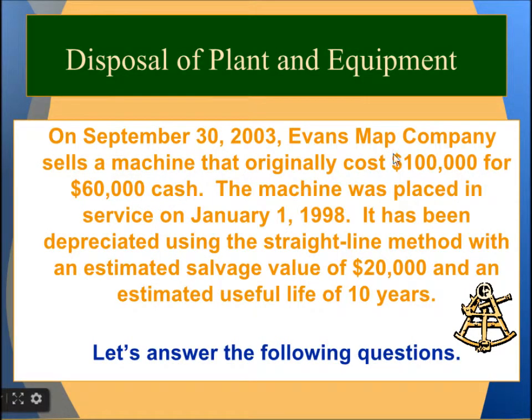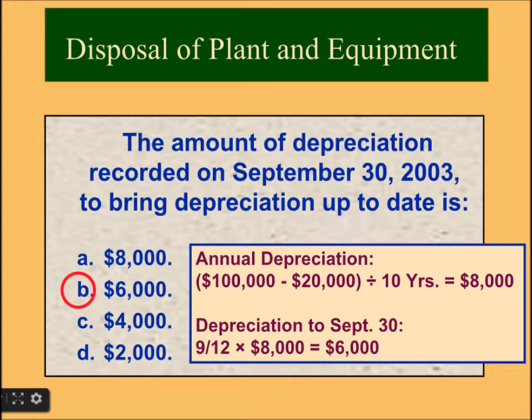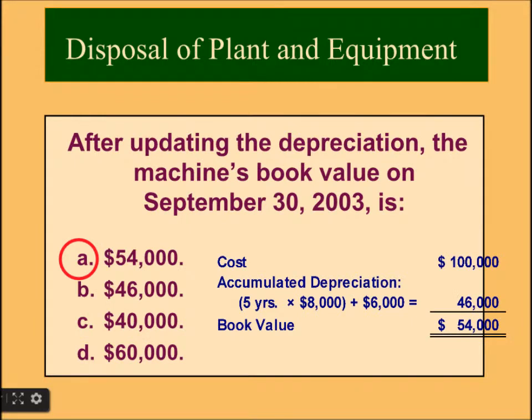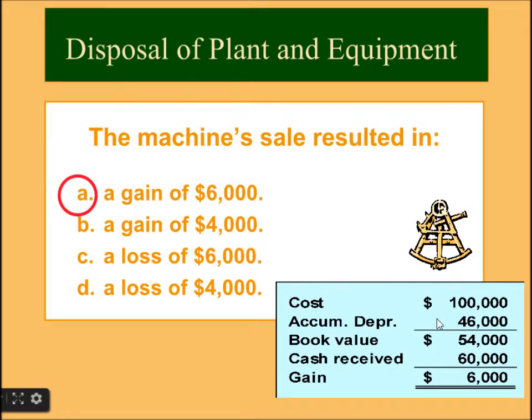The sale original cost 100,000 and sale was for 60,000. Total cost 100,000, accumulated depreciation was 46,000. Then we calculated the book value. Book value is cost minus accumulated depreciation, which gave us 54,000. Then cash received after this disposal was 60,000.